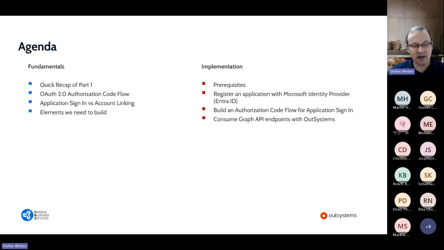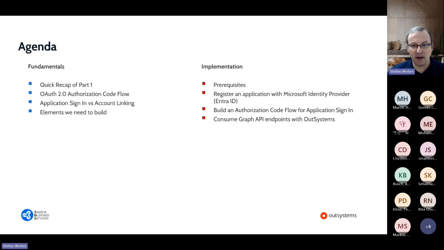That is a standard which is required to acquire an access token for Microsoft Graph API under user permissions. Then what's the difference between signing into an application and linking an account? We will see in a bit what that is. And then, of course, what we need to build in our OutSystems application to get access to Graph API and use resources.